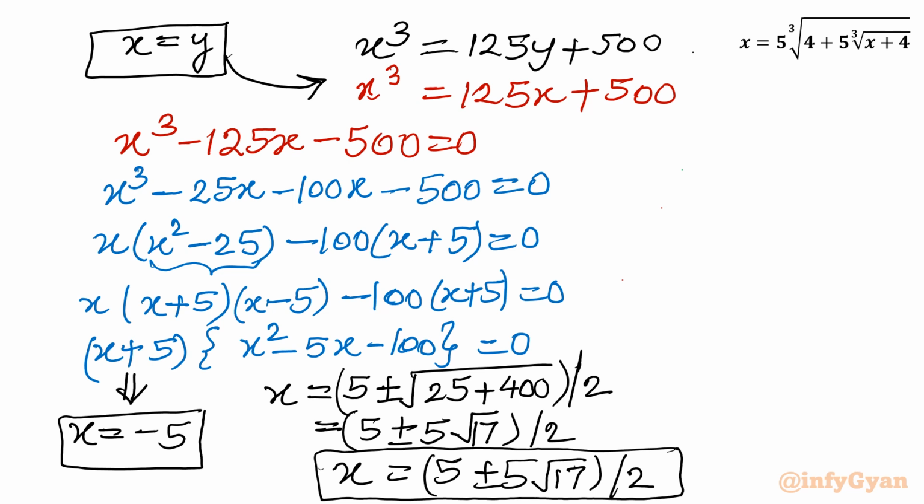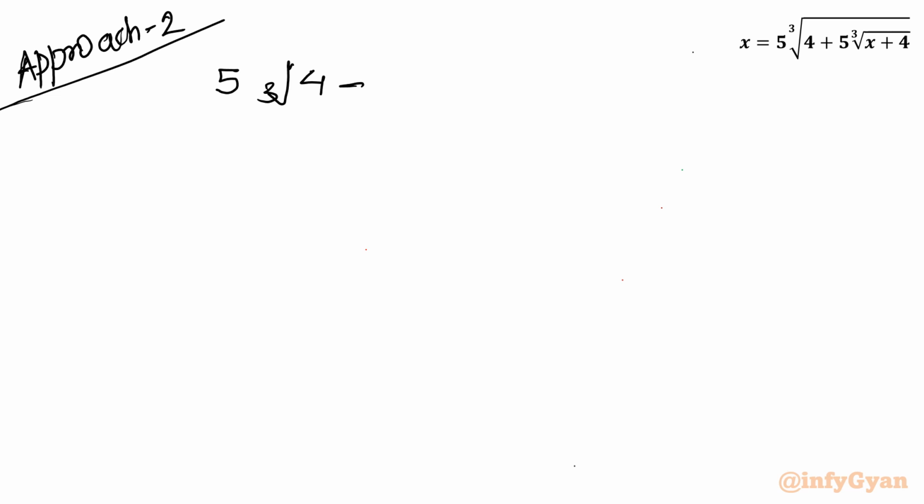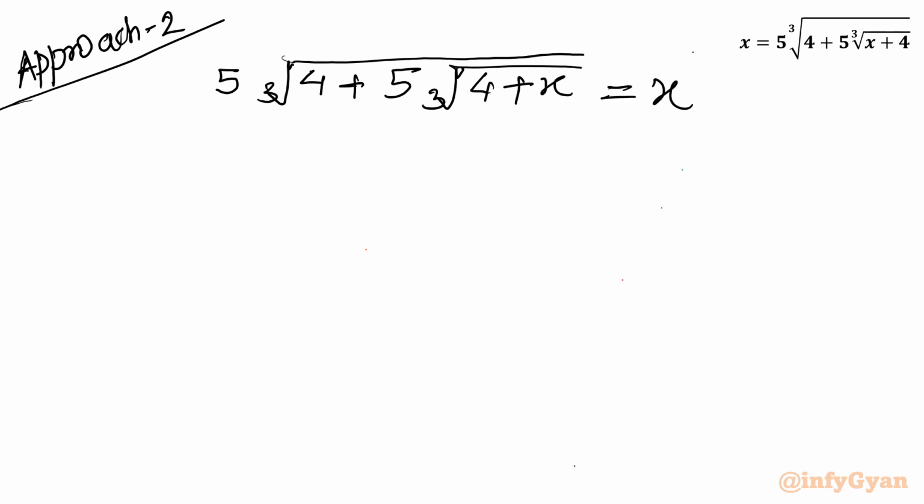Now approach number 2. How will I write our equation? See, it is 5 times cube root of 4 plus 5 times cube root of 4 plus x, equal to x.